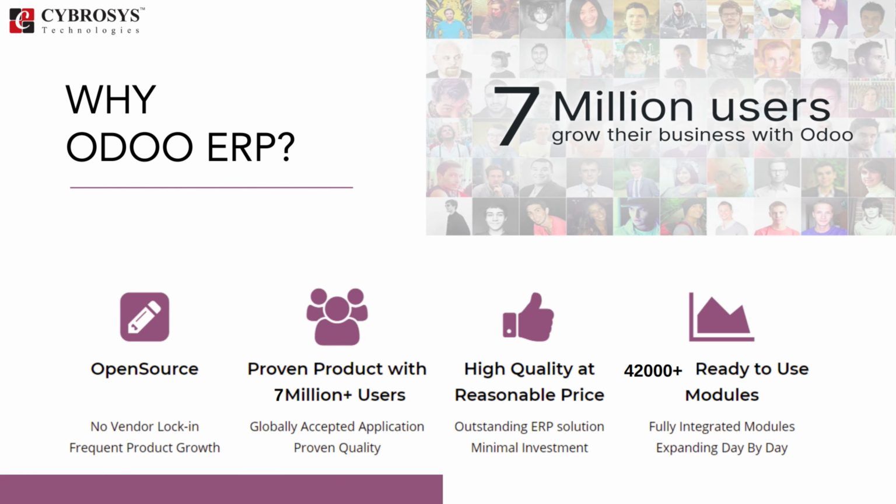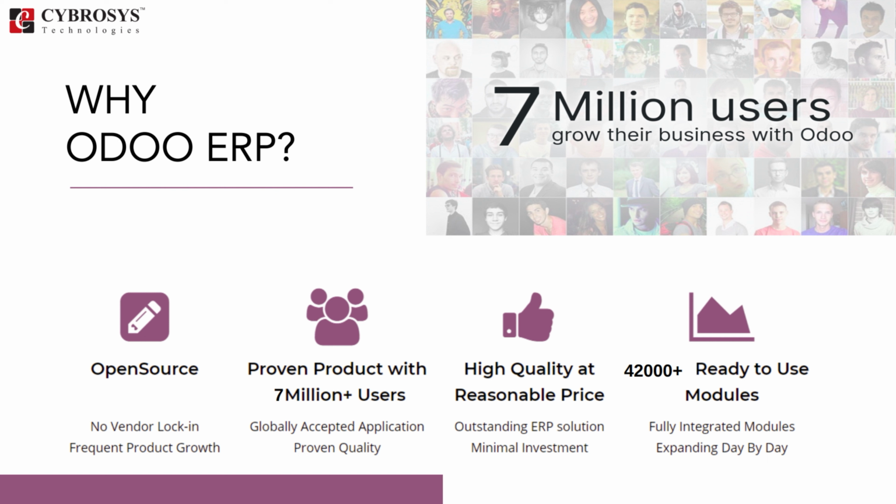Before going to the modules, let me give you an intro about Odoo for those who are new to Odoo. Odoo is also known as Open ERP and the application was founded by Fabien in 2005. Actually, the word Odoo is an acronym for On-Demand Open Project.